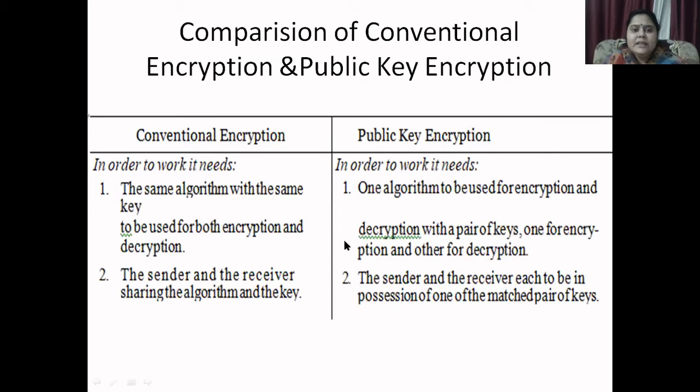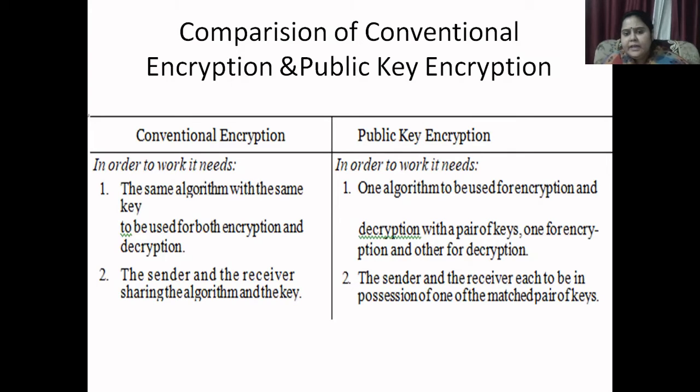Now see the comparison of conventional encryption and public key encryption. First, conventional encryption: in order to work, it needs the same algorithm with the same key to be used for both encryption and decryption, and the sender and the receiver must share the algorithm and the key.